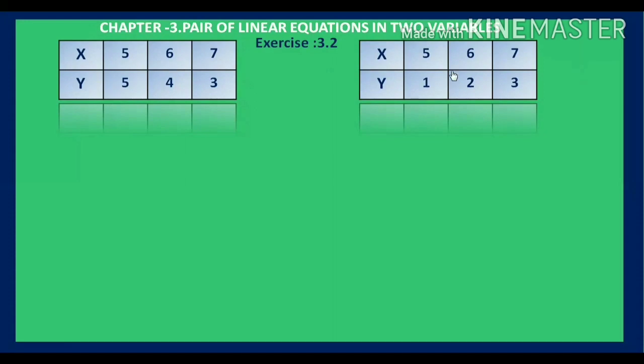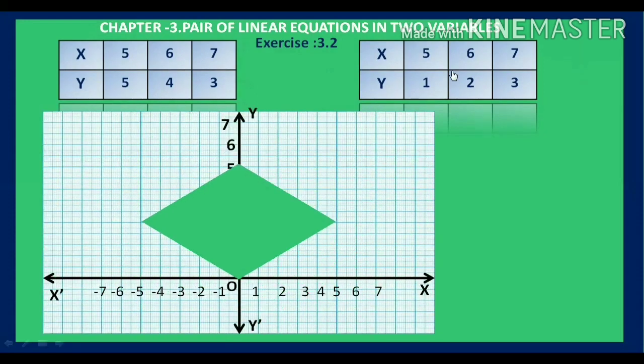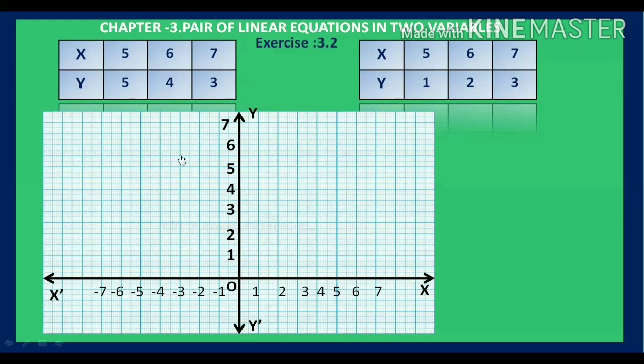These are our sets of points. So this is our graph paper. We mark the scale 1, 2, 3, 4, up to 7. Now the first point is 5, 5. On the x axis 5, and now up on the y axis 5. So this is our position for point 5, 5.